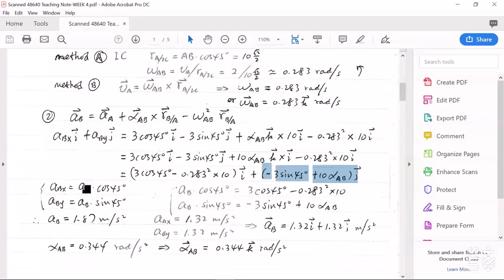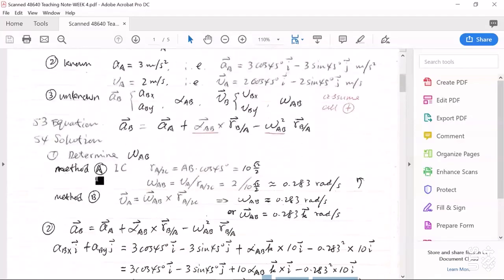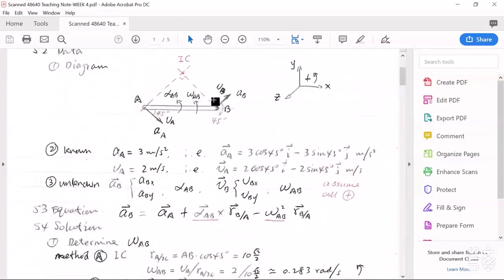But here, if you look at the diagram, look at this B. Its direction can be determined easily because aB must be parallel to the inclined plane.